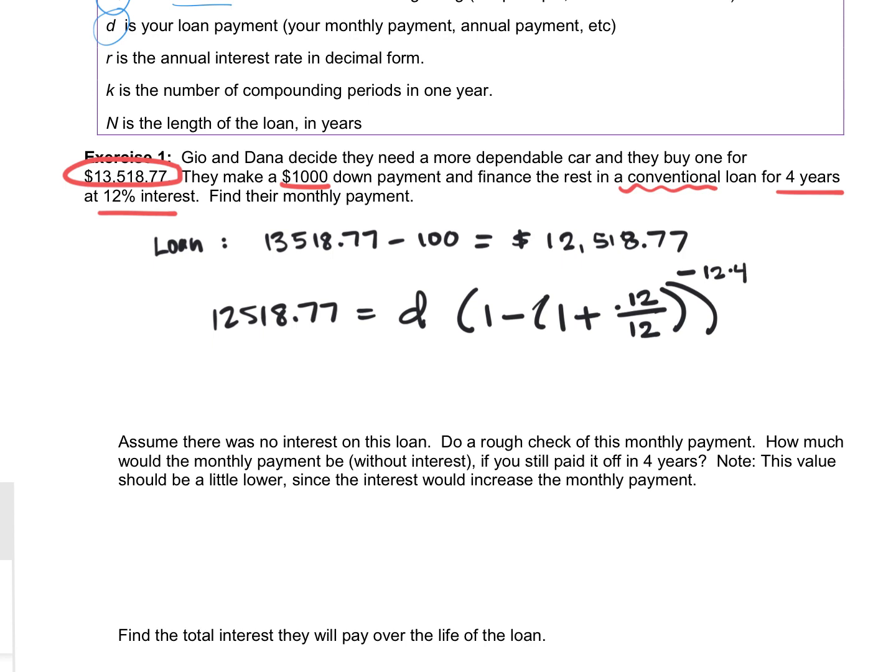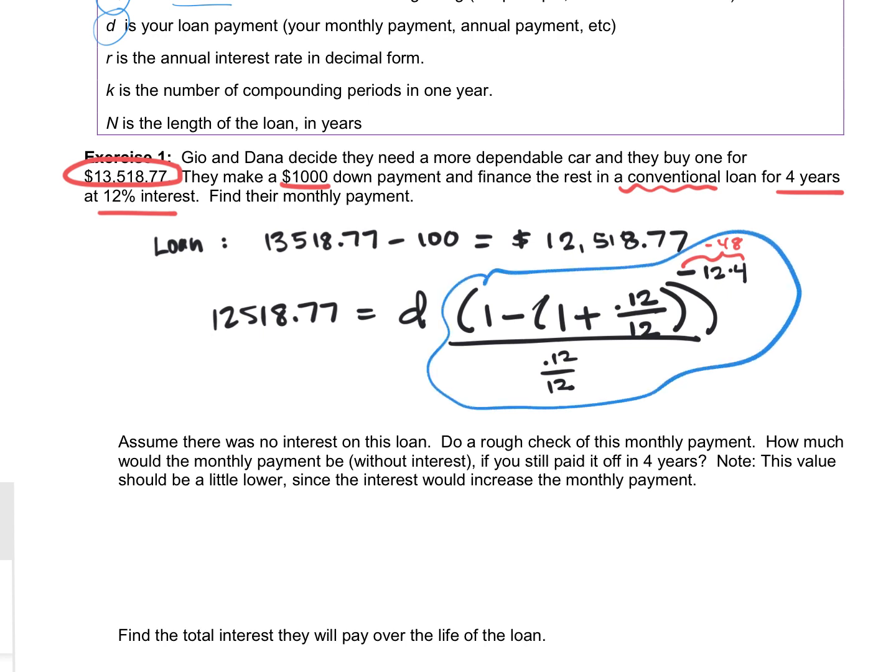Again, we could rewrite this as negative 48. That might be easier for our calculation. And then this is divided by that 0.12 over 12. And so the way that I think about it, to solve for this D, it's being multiplied by this whole chunk. So if I divide by that whole chunk, then it would get me what my monthly payments will be.